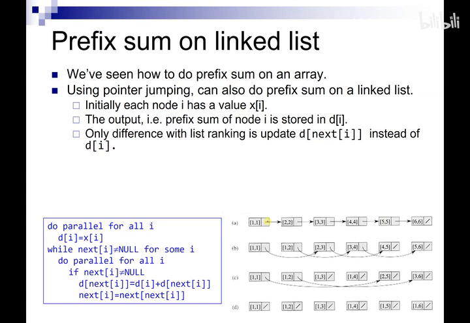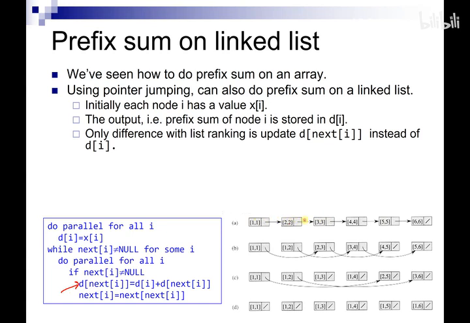The reason for that is that if this is our initial linked list, then what we want is these later nodes to have higher values, because their output value needs to be the sum of all of the nodes preceding them. So what this does is it sets the next node's value to be this node's value plus the next node's current value.